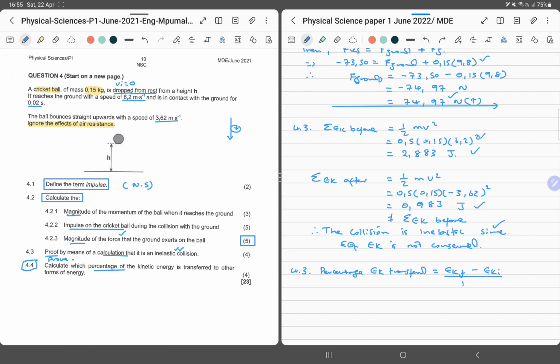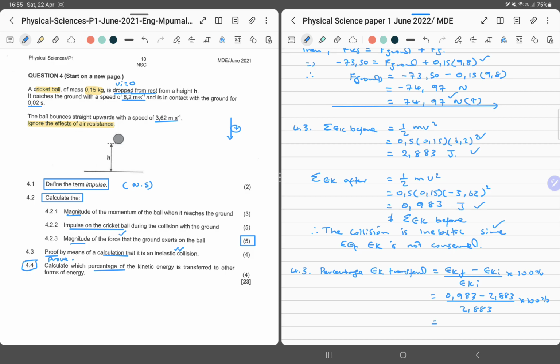No, we divide by the initial EK. I'm just trying to make a bit of a formula here so that you can follow, but you know the procedure. What was the final here? It is 0.983 minus the initial was 2.883. All of it divided by the initial, which is 2.883 times 100%. So easy stuff.